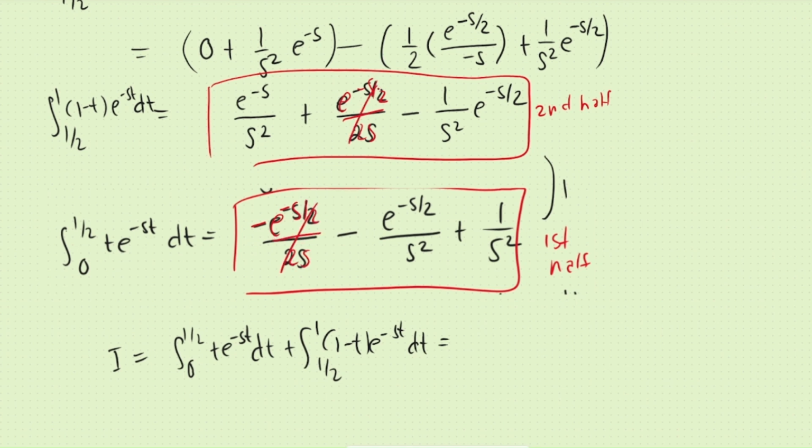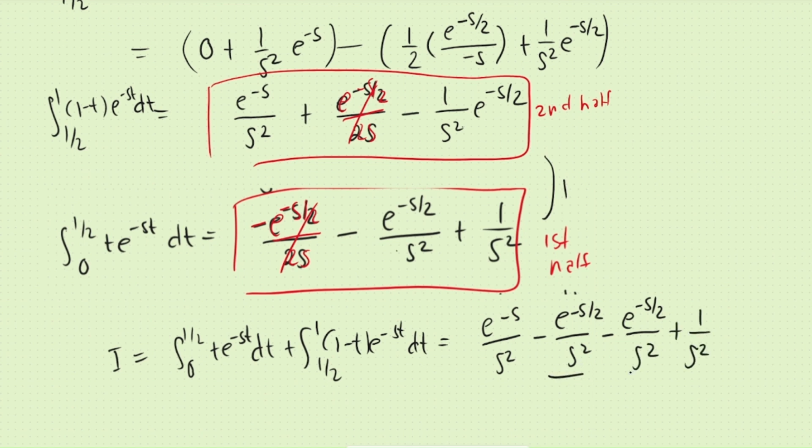So we cancel those out. That would leave us with these four terms: e^(-s)/s² minus e^(-s/2)/s² minus e^(-s/2)/s² plus 1/s².